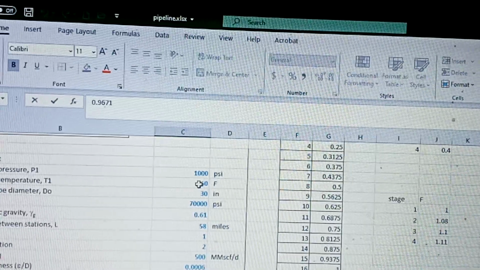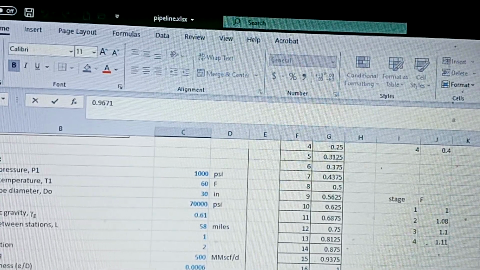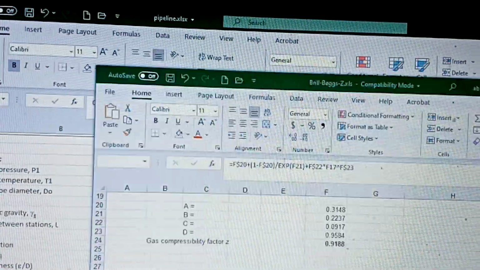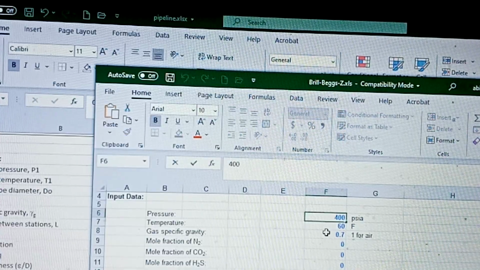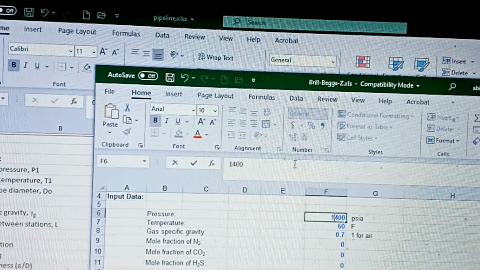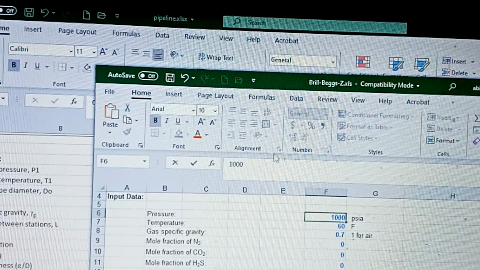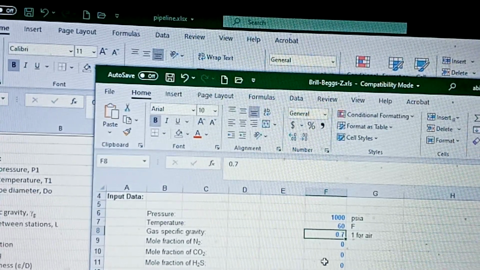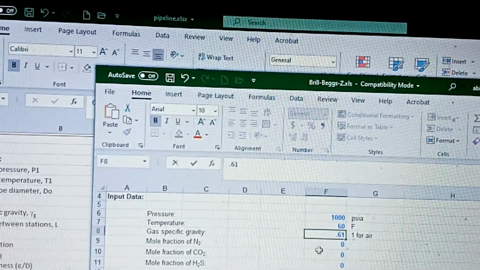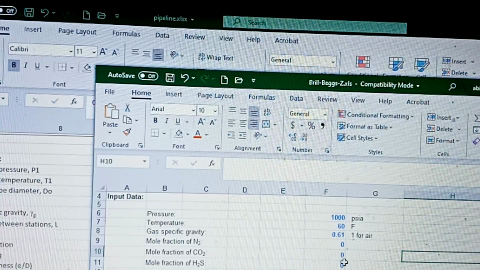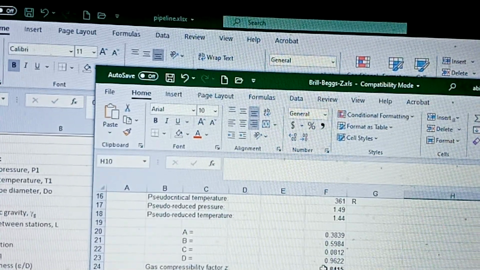So let me first go find the Z. The pressure is 1000, temperature is 60, and specific gravity is 0.61. Using Bilbex, I get 0.8415.